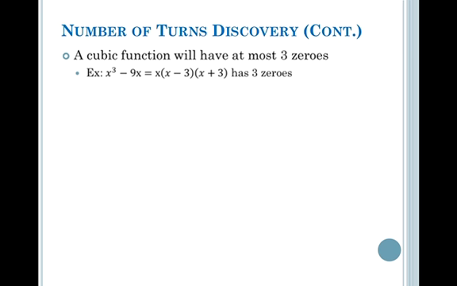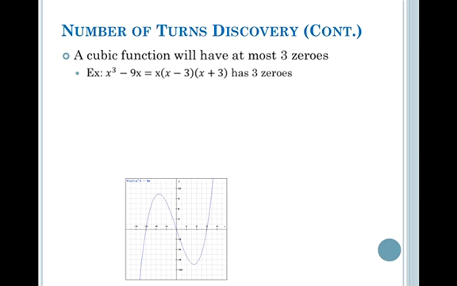Here the zeros would be 0, 3, and -3, because those are the x values that make each of those three factors become 0. And if you graphed x cubed minus 9x, you would see that this graph crosses the x-axis in 3 places, and those would be at -3, 0, and 3.